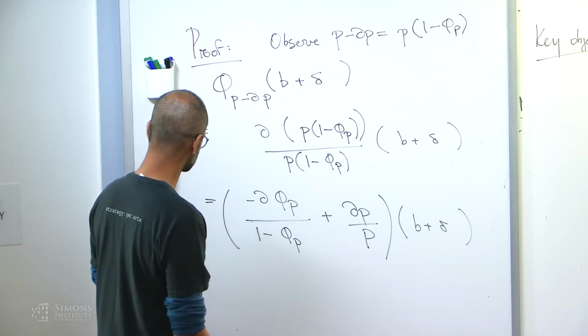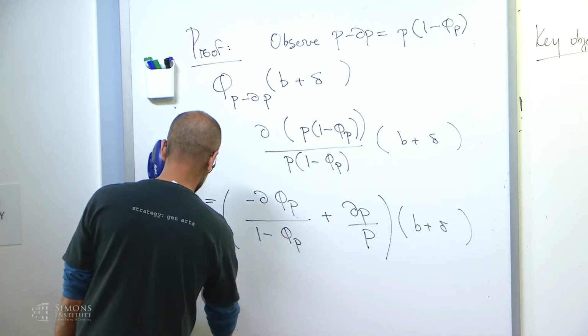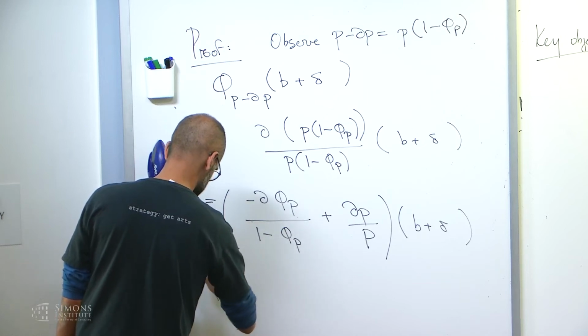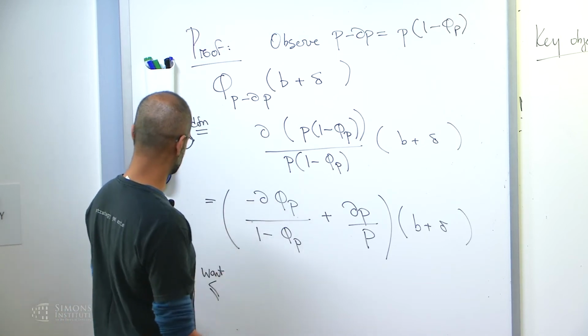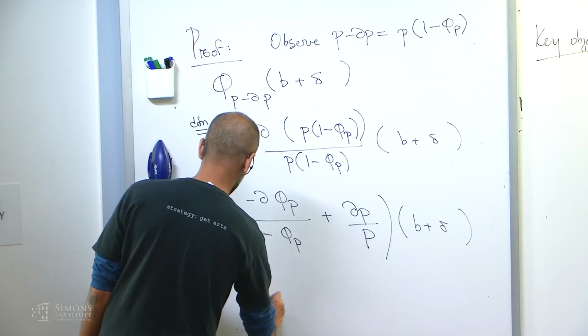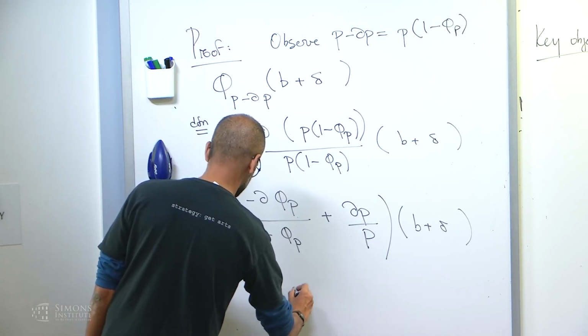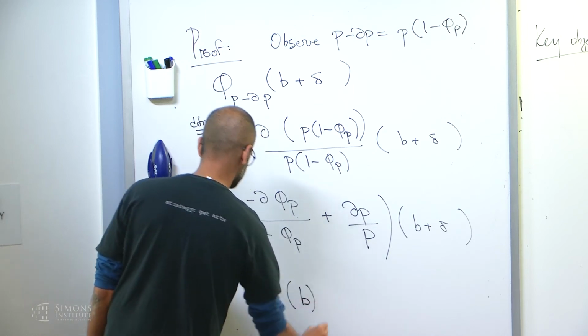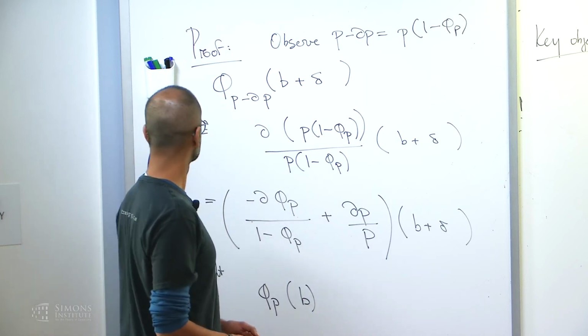And what I want is for this to be less than the barrier function of the original polynomial at the point B.